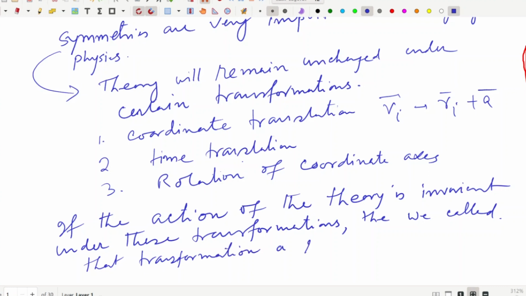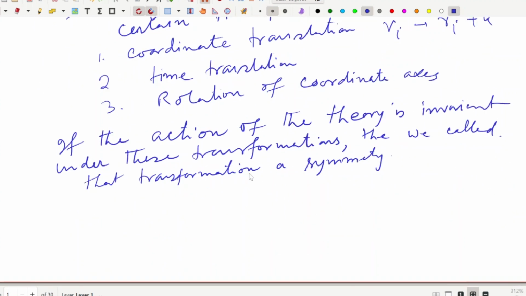For example, suppose my Lagrangian is invariant, or it changes by a constant times this, or L plus df dt.